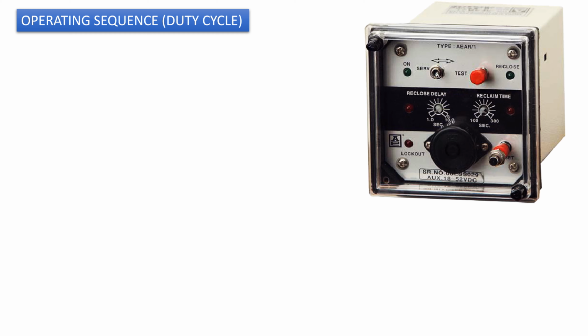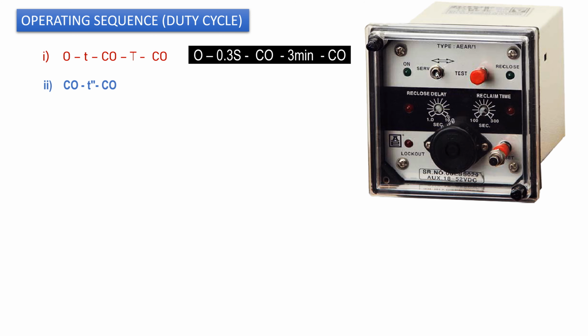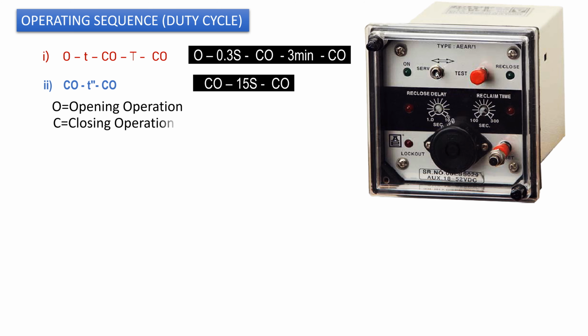The circuit breaker is made capable of this operation according to the auto recloser's commands. The circuit breaker should be able to perform the operating sequence as per one of two alternatives. O, opening operation. C, closing operation.